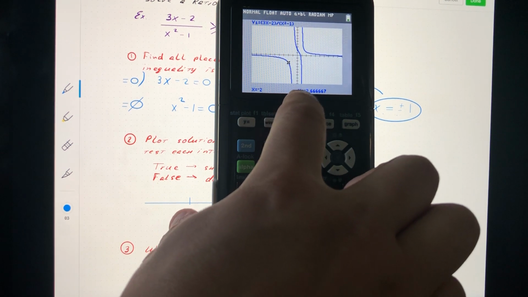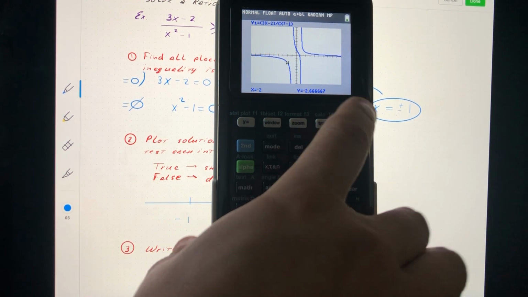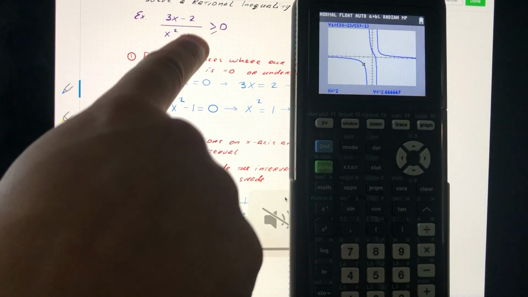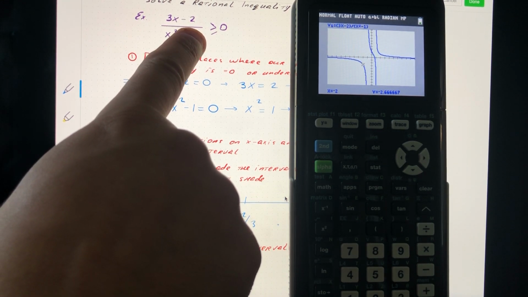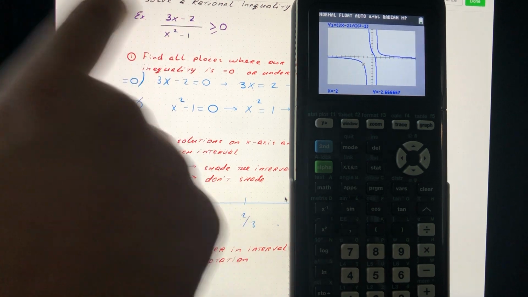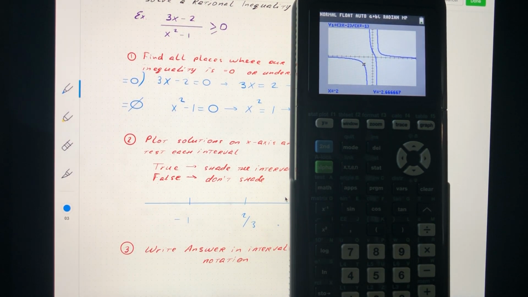It comes out to be -2.66. Now, is -2.66 greater than 0? No, no negative number is greater than 0, which means that this interval is false, so we don't shade it.